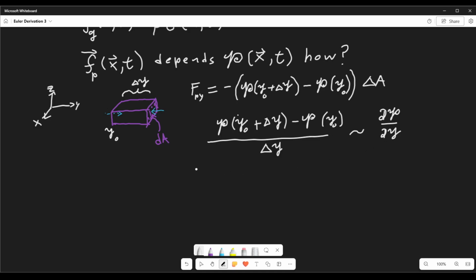So we can substitute this into force equals this thing, however there's going to be a delta y out here, so this was divided by delta y and then multiplied by delta y, so this is the derivative with respect to y, divided and multiplied by delta y.